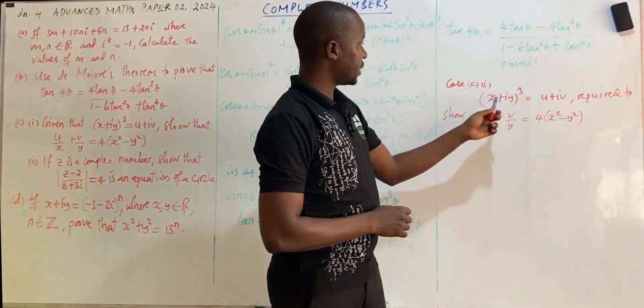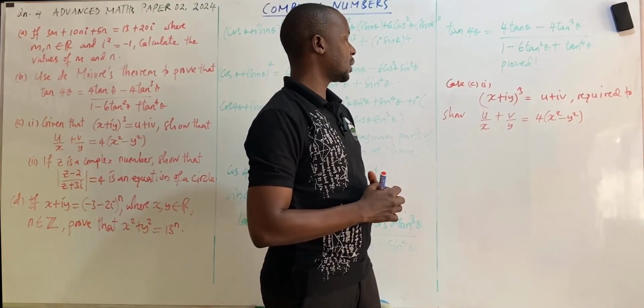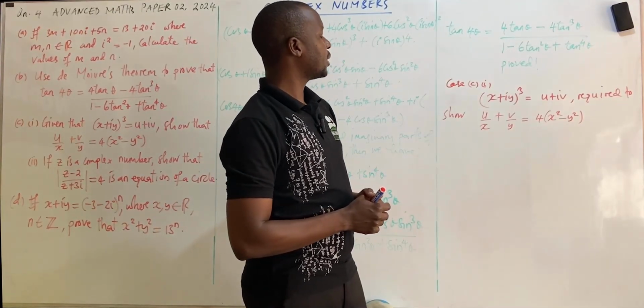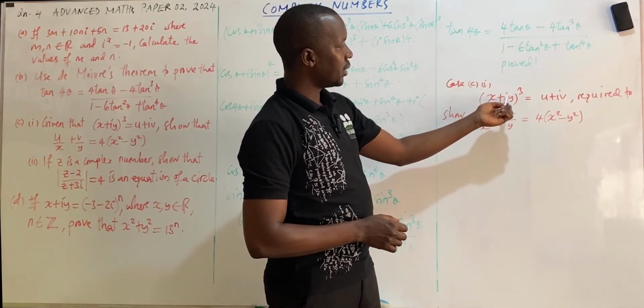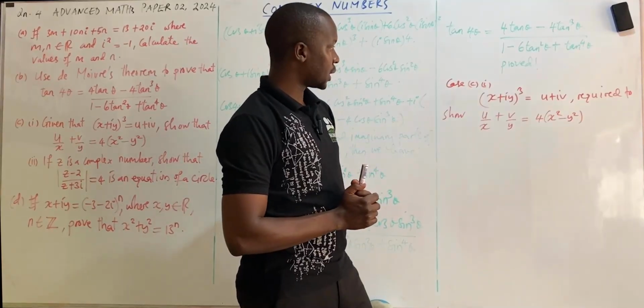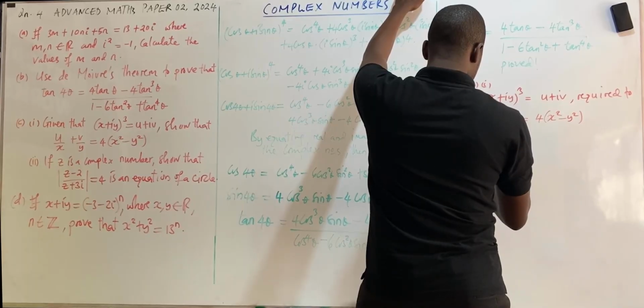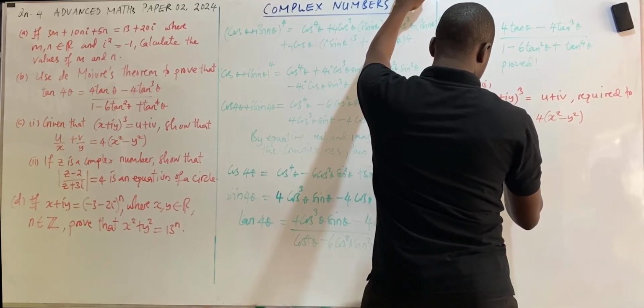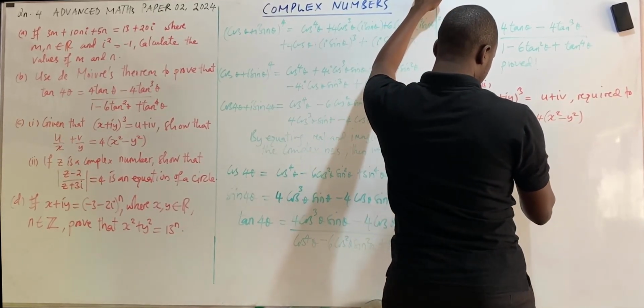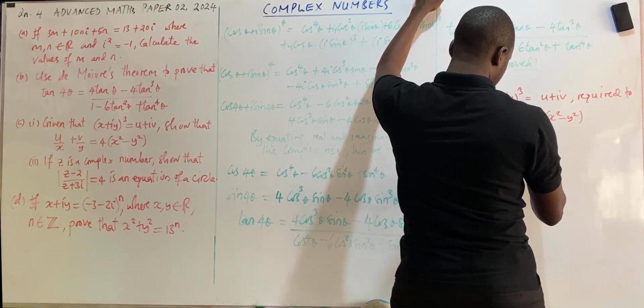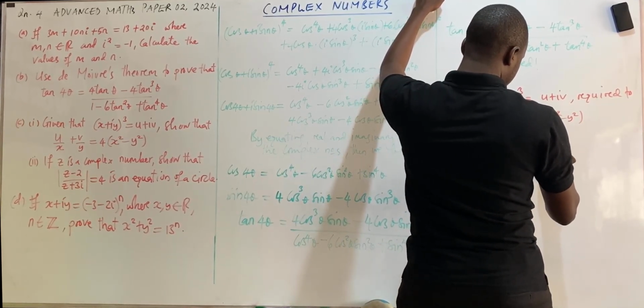So we can start by expanding x plus iy cubic to see what exactly we have. Very fortunately, here we have two terms, so the binomial theorem can work. So on expansion of x plus iy, it is x cubic, then iy raised to 0, plus.